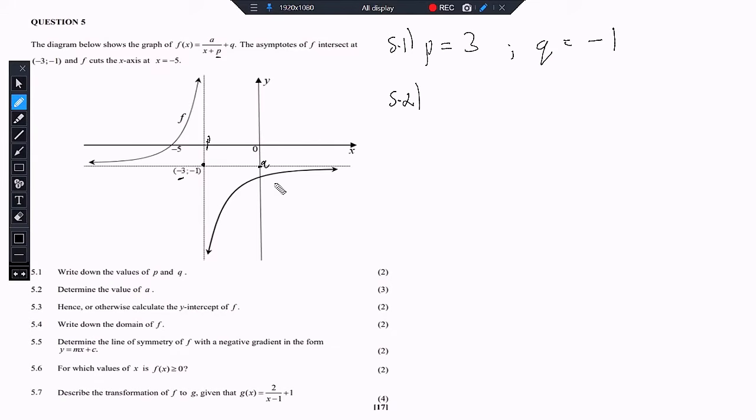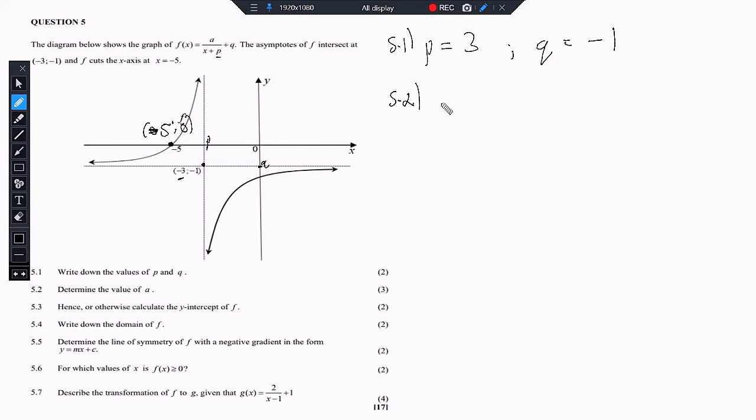Now, this is 5.1. Let's go to 5.2. It says determine the value of a. For the value of a, we realize that we do have coordinates, which can be written as (-5; 0), since this represents the x-intercept, and for the x-intercept the y-coordinate should always be 0.